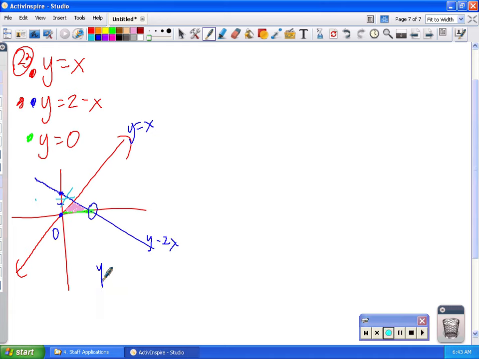Oh, sorry, I need to find the x-intercept. So I need to let y equal to 0. Sorry, it's not y minus 2x, it's y equal 2 minus x. So if I let y equal to 0, then x is equal to 2.